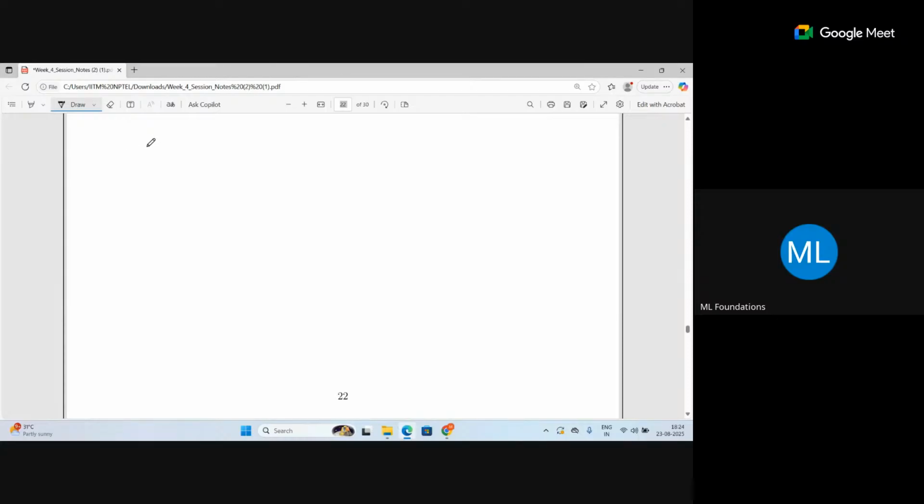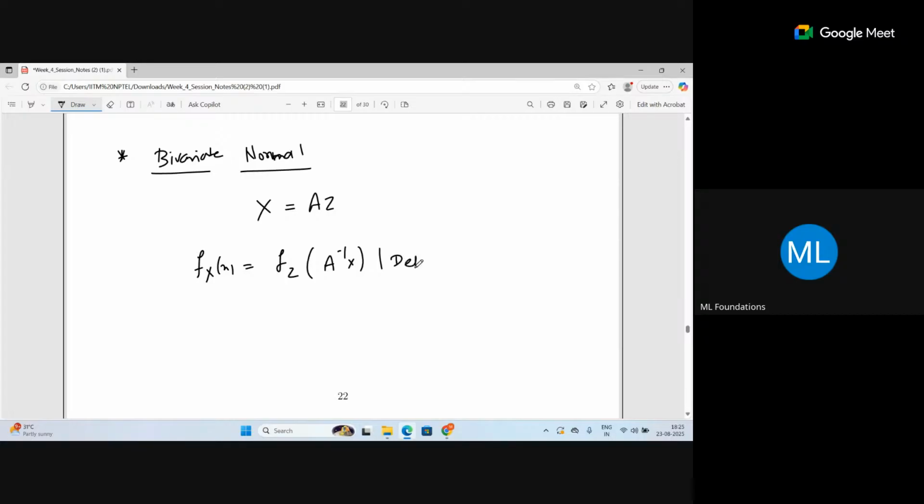Okay, let's see what we have seen about the bivariate normal till now. The bivariate normal is X equal to AZ, and f of x of x is equal to what? We have seen the density as f of z of A inverse of x into the mod of determinant of A inverse.